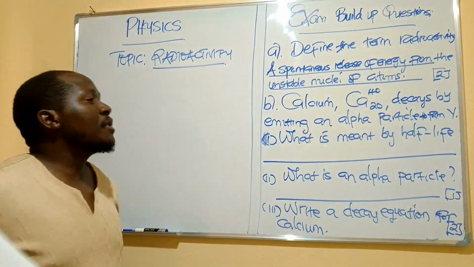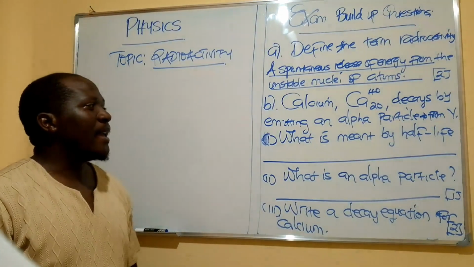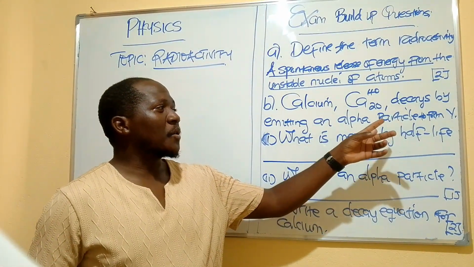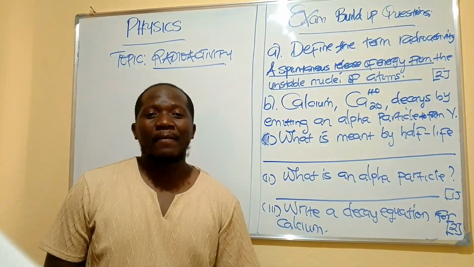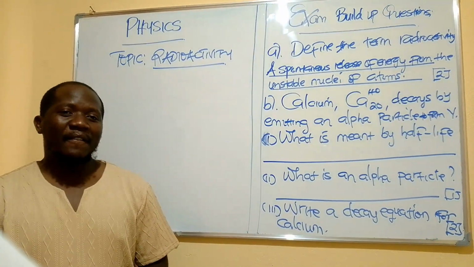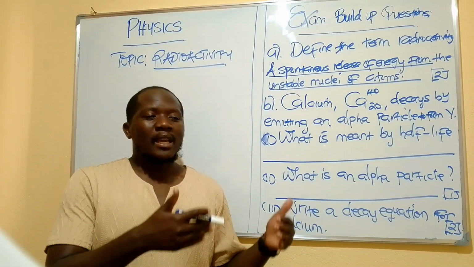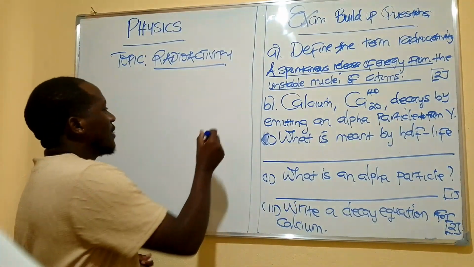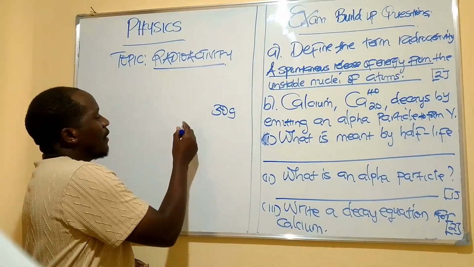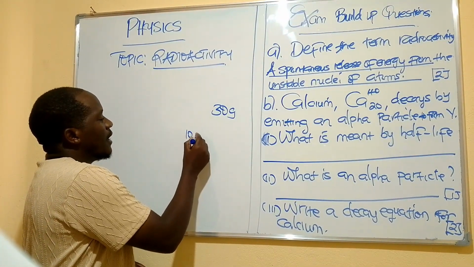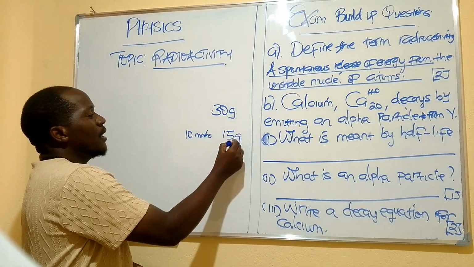Then B, calcium, which is 40 and 20, decays by emitting an alpha particle to form Y. What is meant by half-life? When we talk about half-life, let's give an example where a certain radioactive substance has a mass of 30 grams. Then after, let's say, 10 months, it has decayed to about 15 grams.